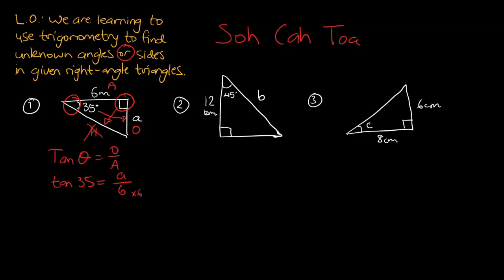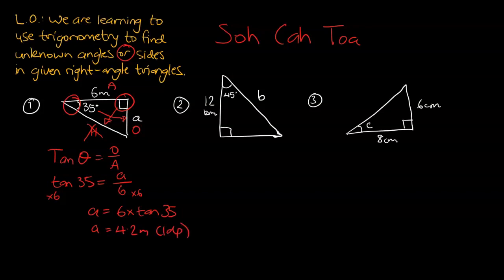The divide by 6 is cancelled out by times 6, and I'm going to do a times 6 over here as well. So that means a is equal to 6 times tan 35. This is where I grab my calculator out. 6 times tan 35 is equal to 4.2 meters, and that has a 1 dp rounding.